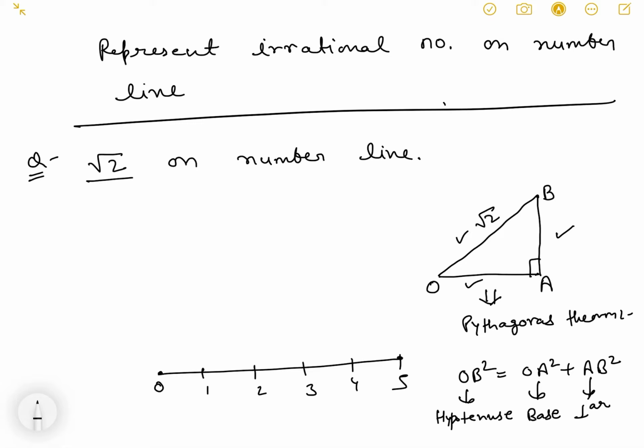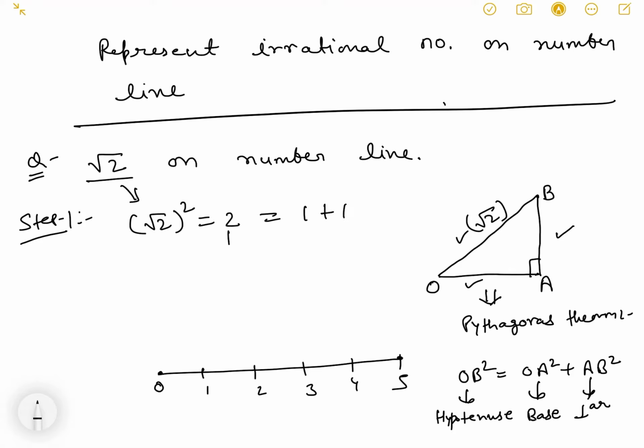Okay, so our first step would be to make it a square, because we have hypotenuse root 2, and then we will make it a square form. Root 2 square means it will come out as 2, and 2 can be further written as 1 plus 1.